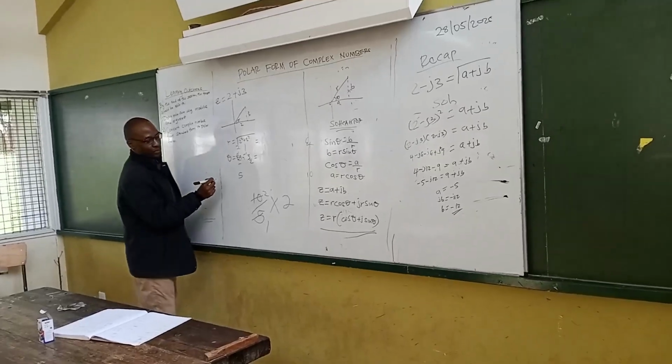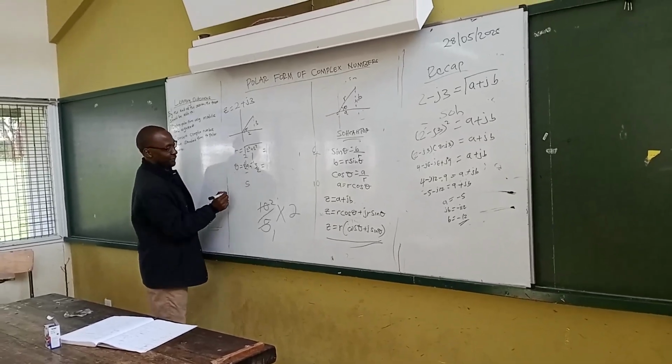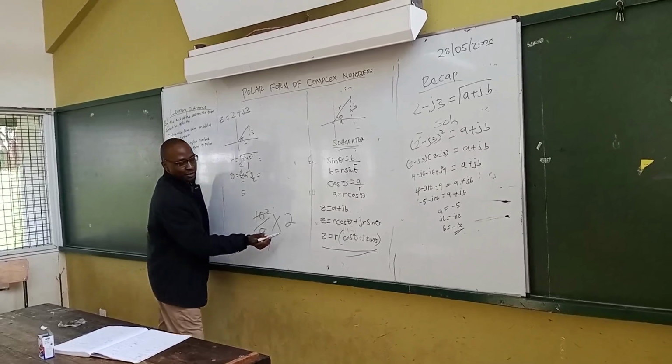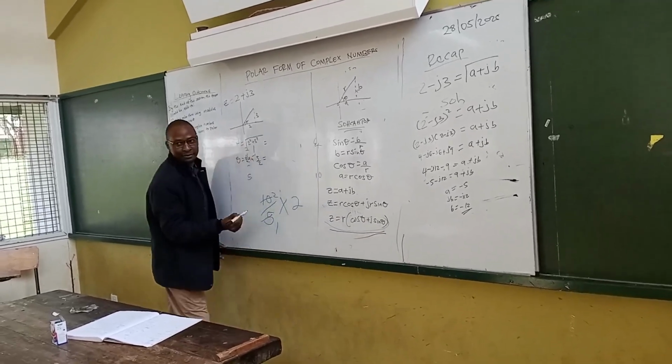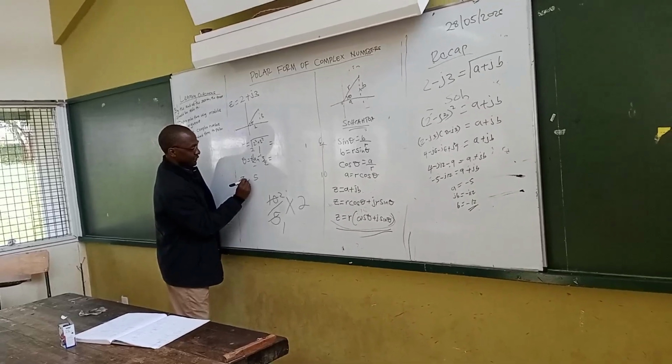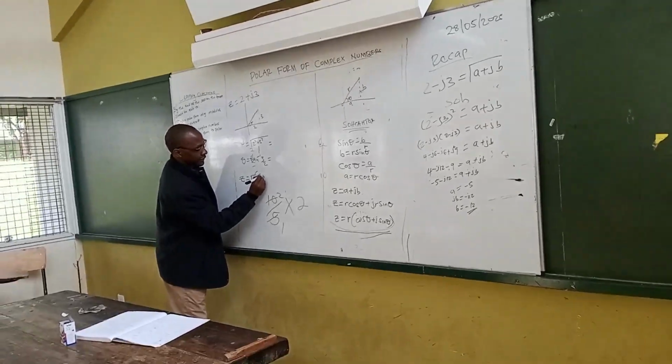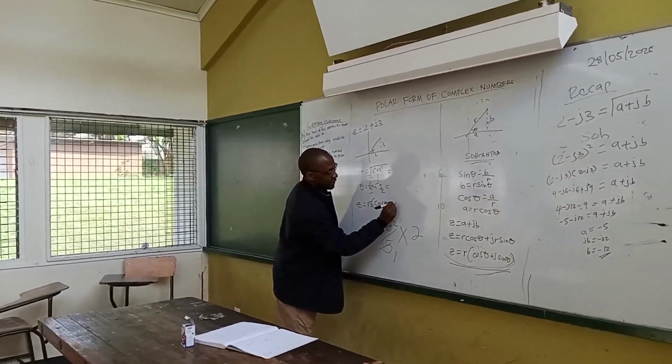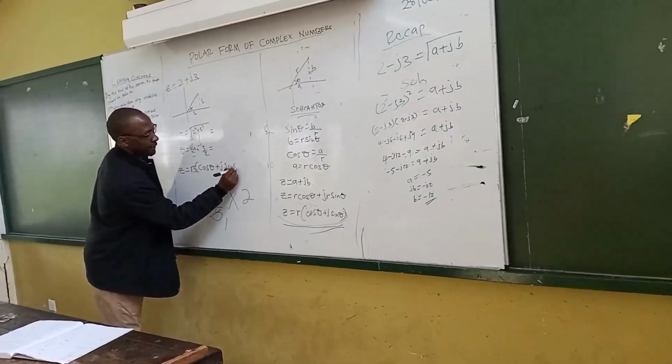From here, you can now substitute the values that you get into our original polar form equation. So we'll have Z is equal to R into cos theta plus J sine theta.